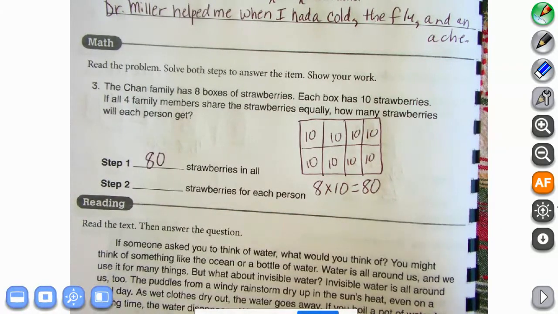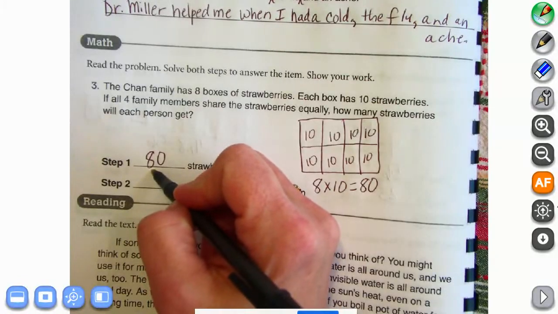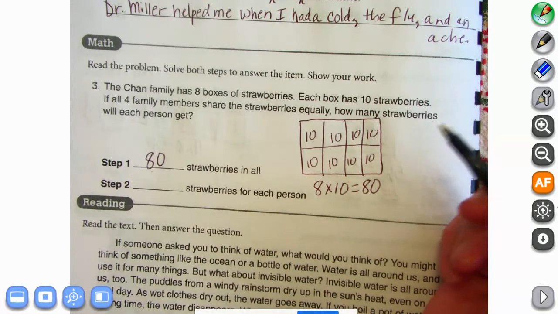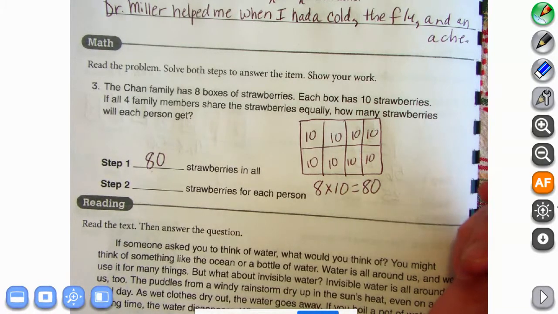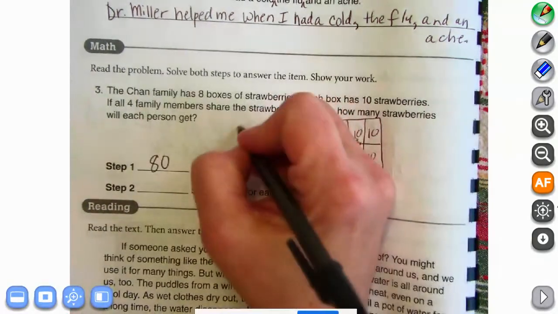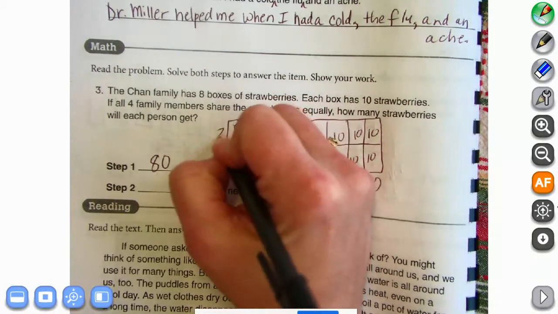Then it says, if all 4 family members share the strawberries equally, how many strawberries will each person get? All right. Well, because there's an 8, I have to think about what numbers I use to get to 8. Well, 1 times 8 is 8. 2 times 4 is 8. So I have a 2 in there. I wonder if I could do the 2 divided by that. So 80 divided by 2.